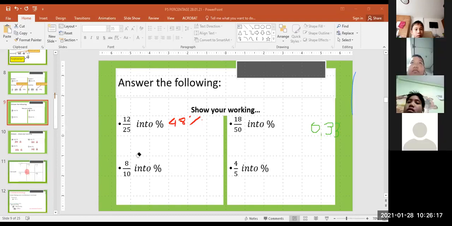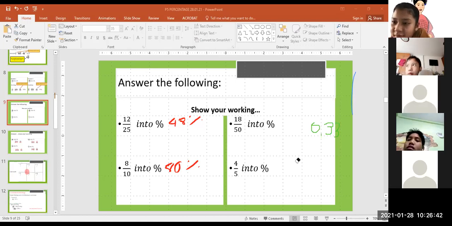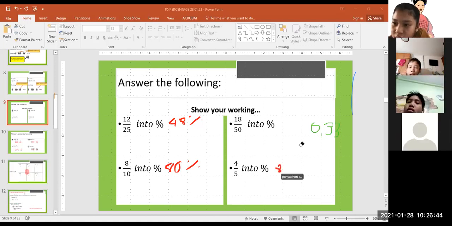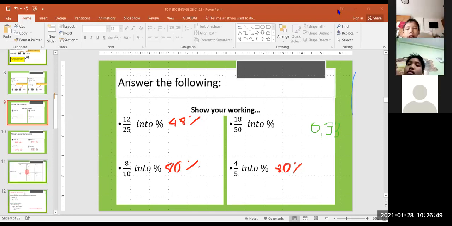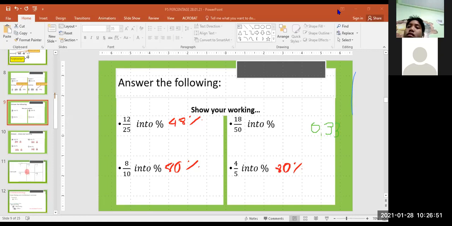Okay, what about here? 48 over what? Okay, yes, we'll see. Number 2, who can answer number 2? Can you answer number 2? What is your answer in number 2? Okay, number 3, who can answer number 3? 36.